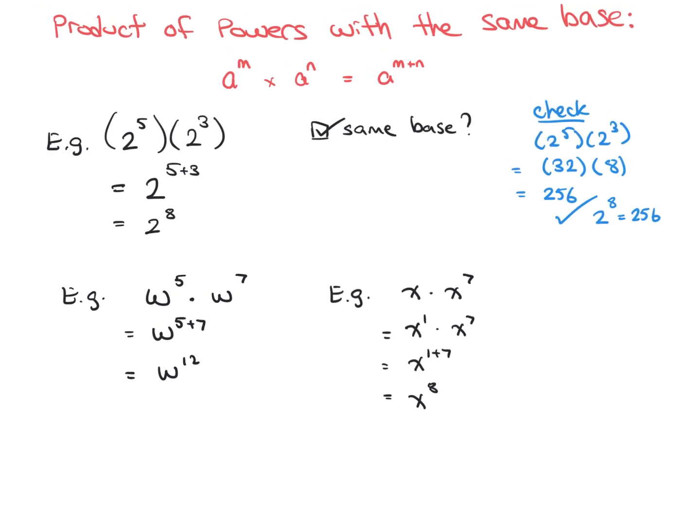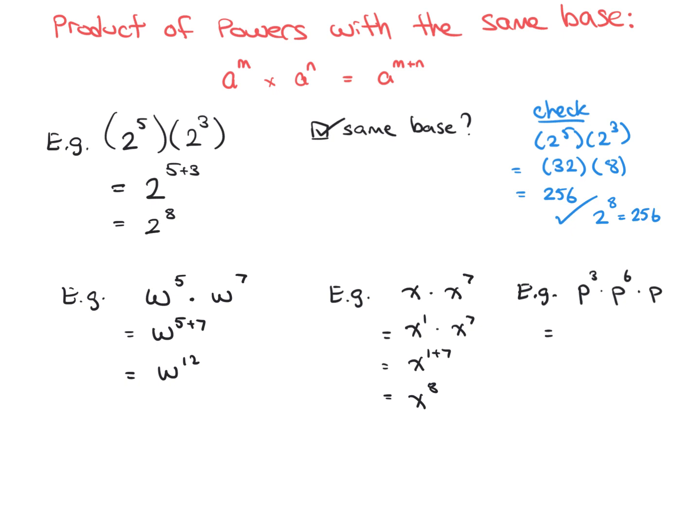Now, this can be extended for more than two factors. So for example, we'll use p this time. If we have p cubed times p to the 6 times p, we have 3 powers being multiplied together.